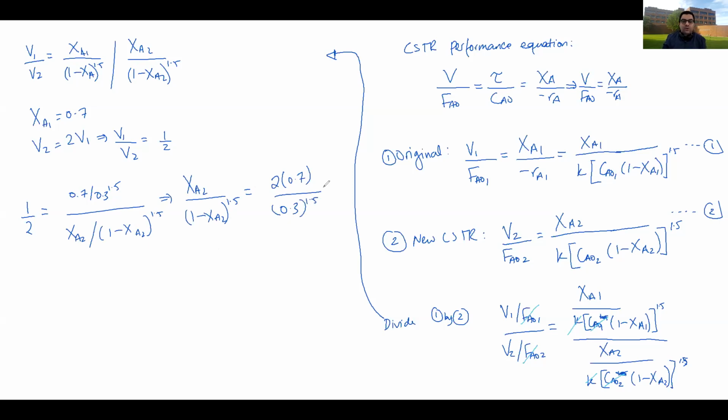Okay, and from here on, it just becomes an algebra problem. If you have a calculator, you can do it with a calculator. This is equal to 8.5. So I need to find XA2 over 1 minus XA2 to the 1.5 to be equal to 8.5.